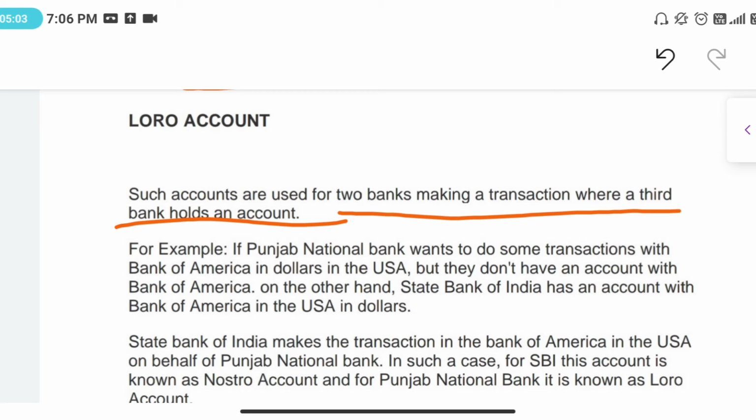But State Bank of India has an account in Bank of America in dollars. So what happens here? On behalf of PNB, State Bank of India carries out the transaction for PNB. So this is called a loro account. PNB's account is called a loro account and the State Bank of India's account is known as a nostro account.